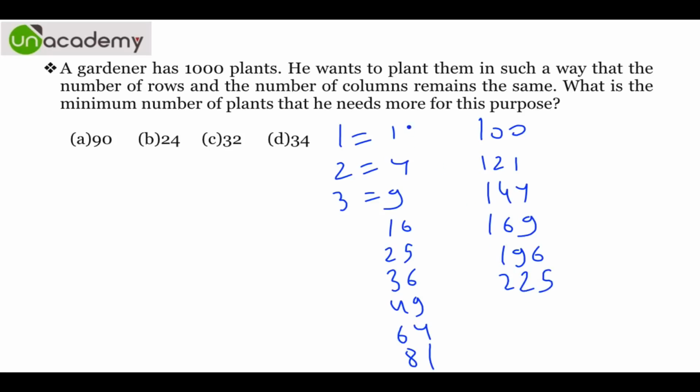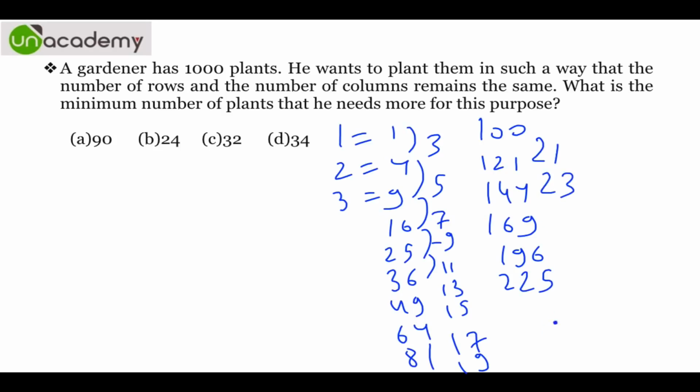The trick is that you add 3 here, 5 here, 7 here, 9 here, then 11, 13, 15, 17, 19, then 21, 23, and so on and so forth. It will go on and on, 25, 27, 29, you can take it anywhere. This is how you remember the squares. All the squares you need to remember.